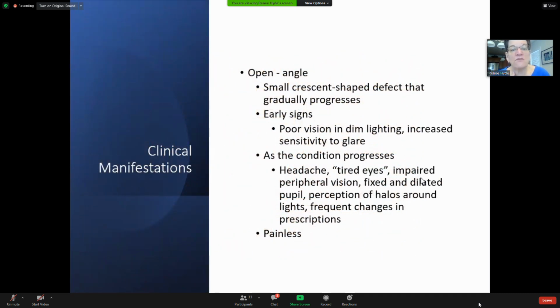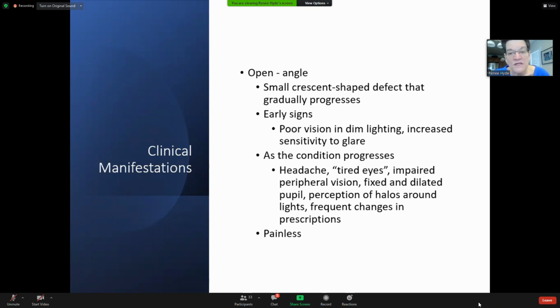Clinically, what we see with open angle, early signs is poor vision in dim lighting, increased sensitivity to glare. Often these patients will describe headache as it progresses. Their eyes get tired.